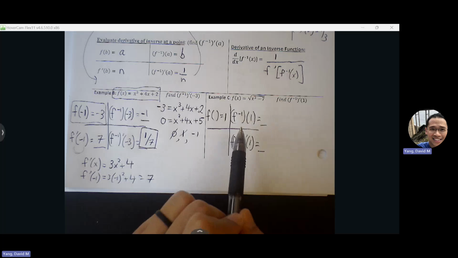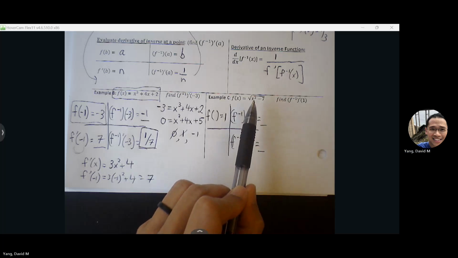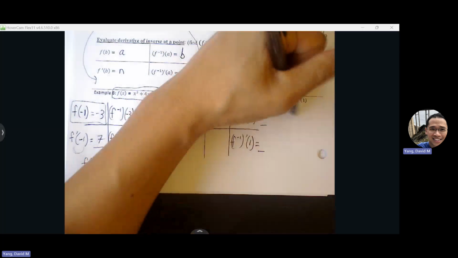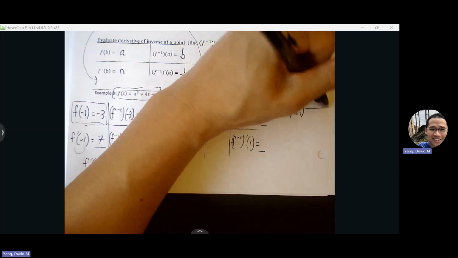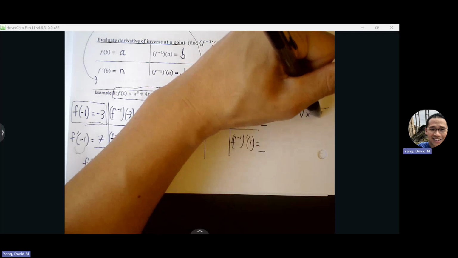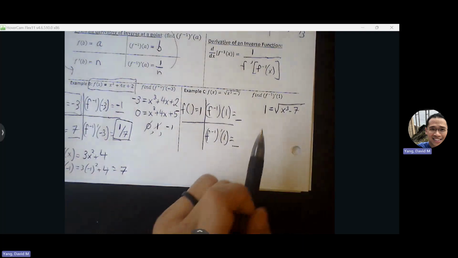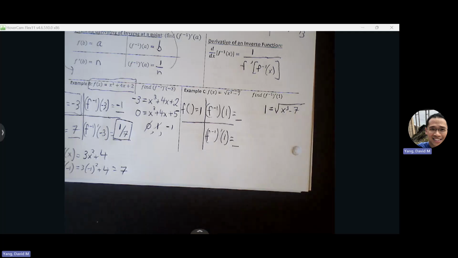All right, what's our next step? Set that equal to 1. Good, set that equal to 1. Okay, so 1 is equal to the square root of x cubed minus 7. I think this one we can solve by hand. Right. What can we do to both sides of the equation? Square, yeah.